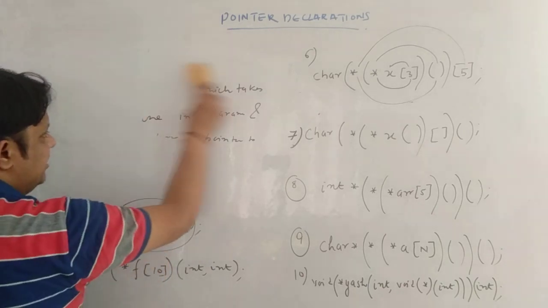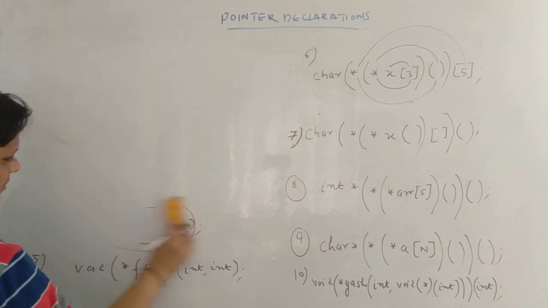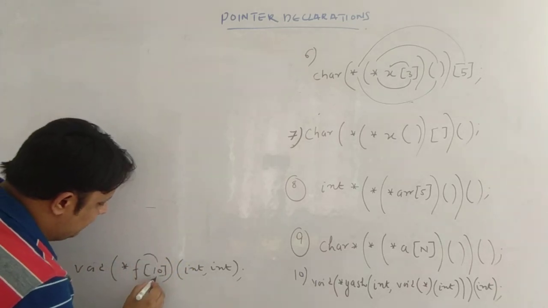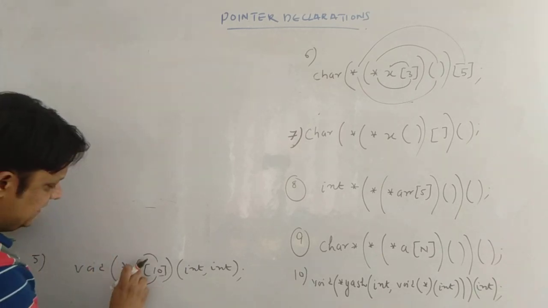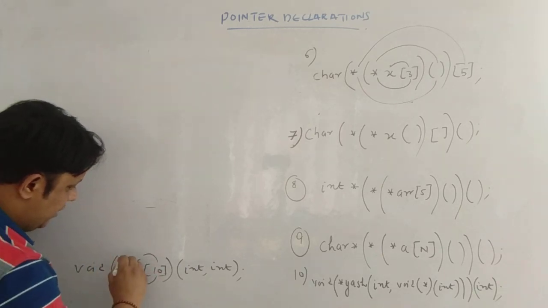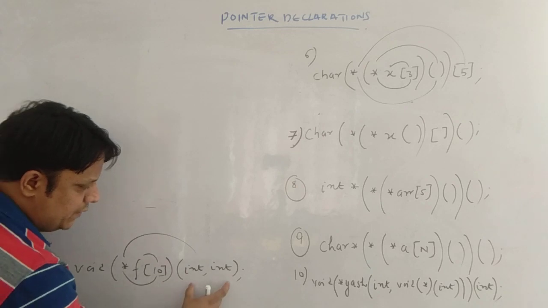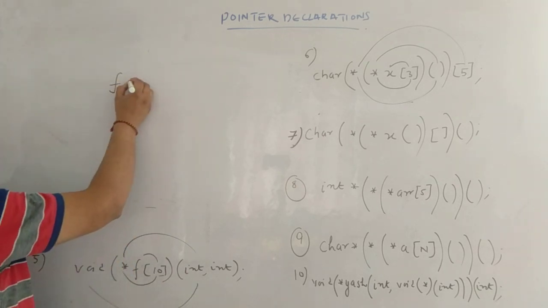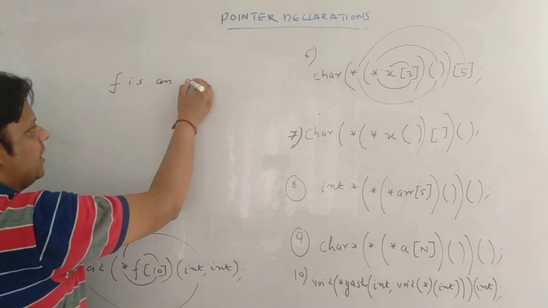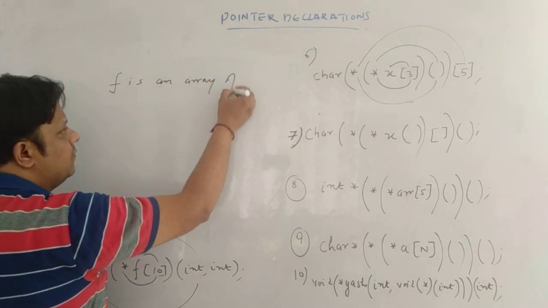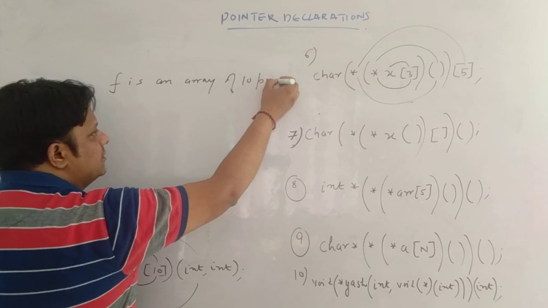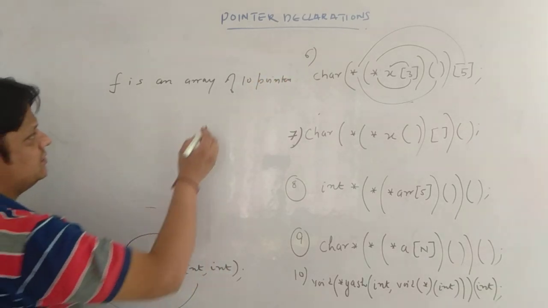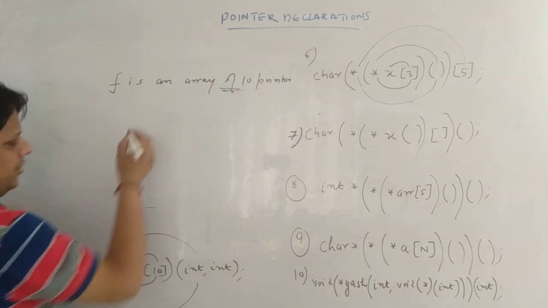Now moving on to the next statement. So now in this, what is f? See, f is an array of 10 pointers to a function which takes two int parameters and returns nothing. So let's break this. f is an array of 10 pointers, array of 10 pointers to what?